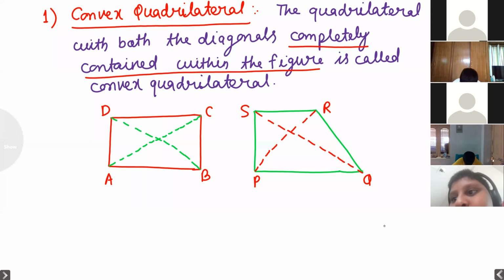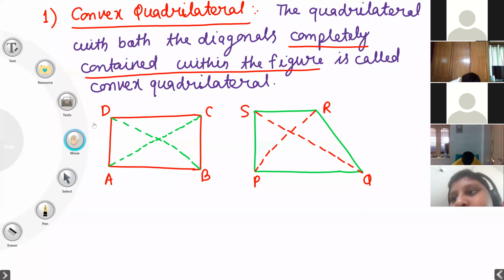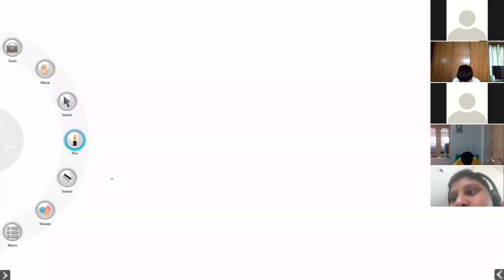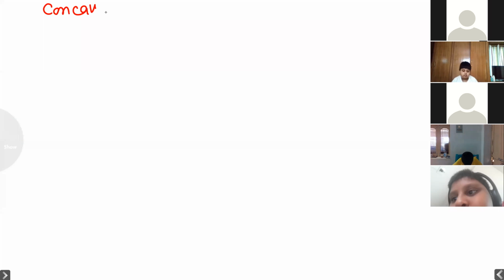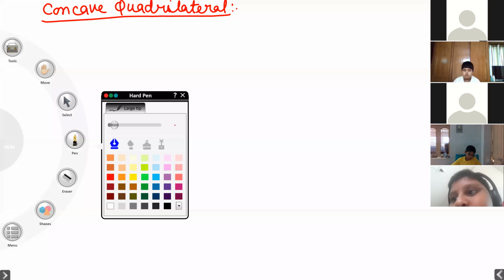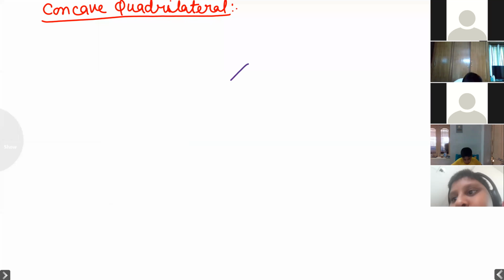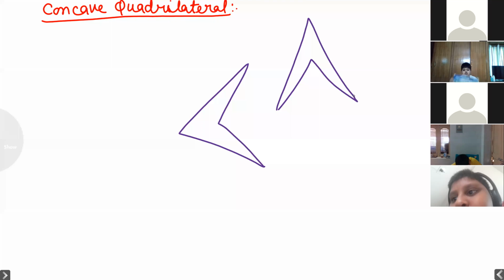Now keep heading: concave quadrilateral. Its name is concave, looking like a cave, the mouth of a cave. This is the mouth of a cave, looking like a cave, and that is called a concave quadrilateral.